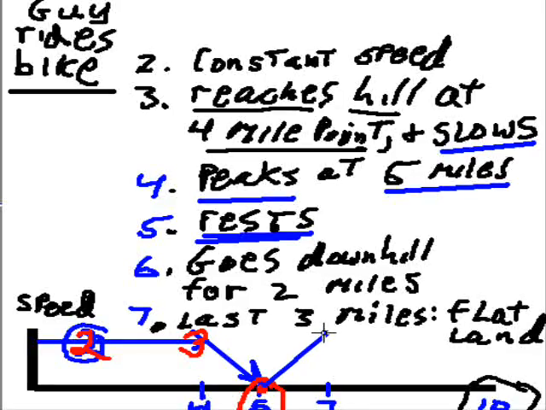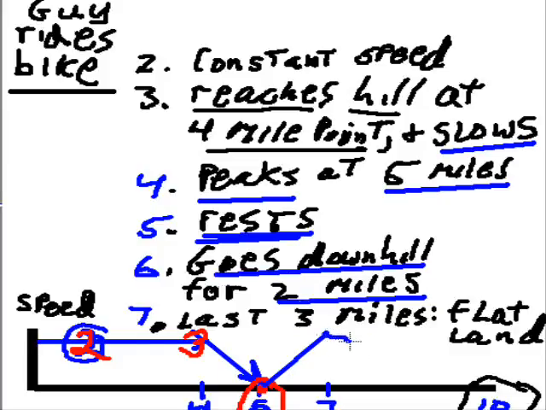And he hits the 7-mile point. He's going downhill for 2 miles. He's at the 7-mile point now. Now the last 3 miles are flat land. So he's not going fast anymore. He's going to be slowing down.